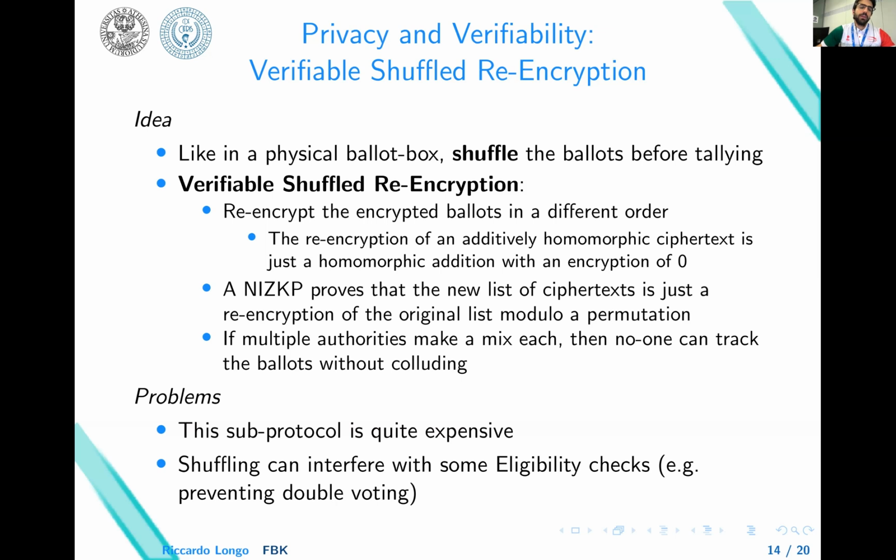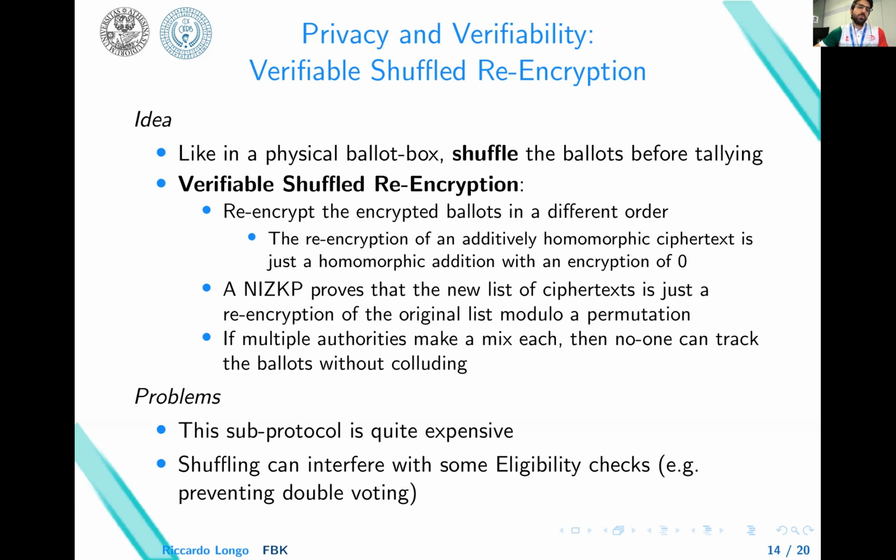Note that if we have an additively homomorphic ciphertext, the re-encryption is easily done just by adding the encryption of 0, because we do not actually change the ciphertext, but we modify it so that the two ciphertexts seem unrelated.